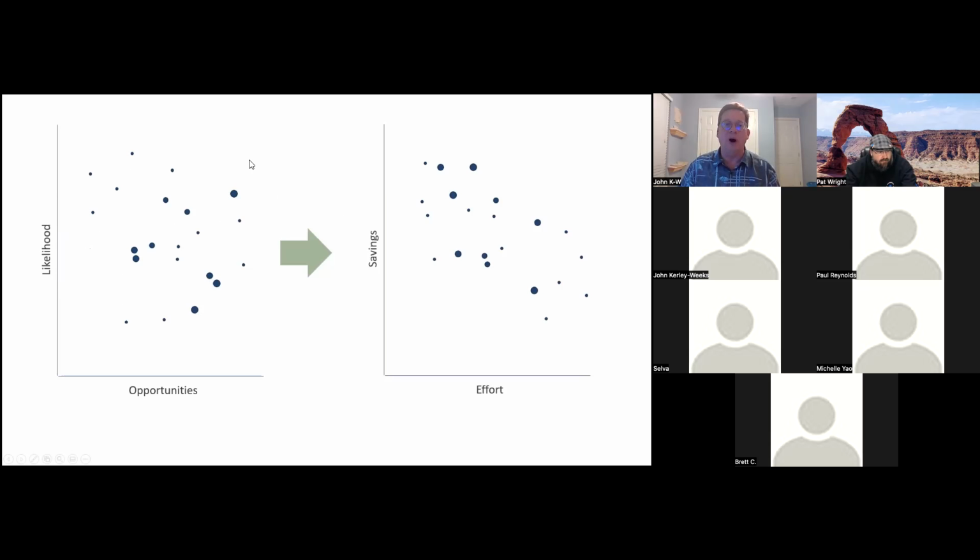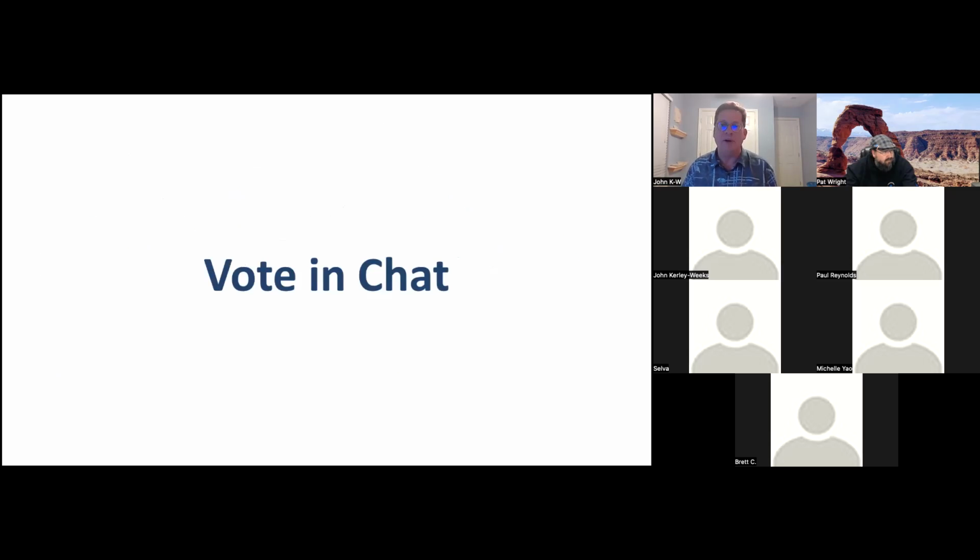Ideally, we wanted to find instances where there were lots of opportunities and a very high likelihood of being able to save people money. And we translated that into charts representing savings versus effort, or return on investment. How much effort does it take in order to save our members significant amounts?